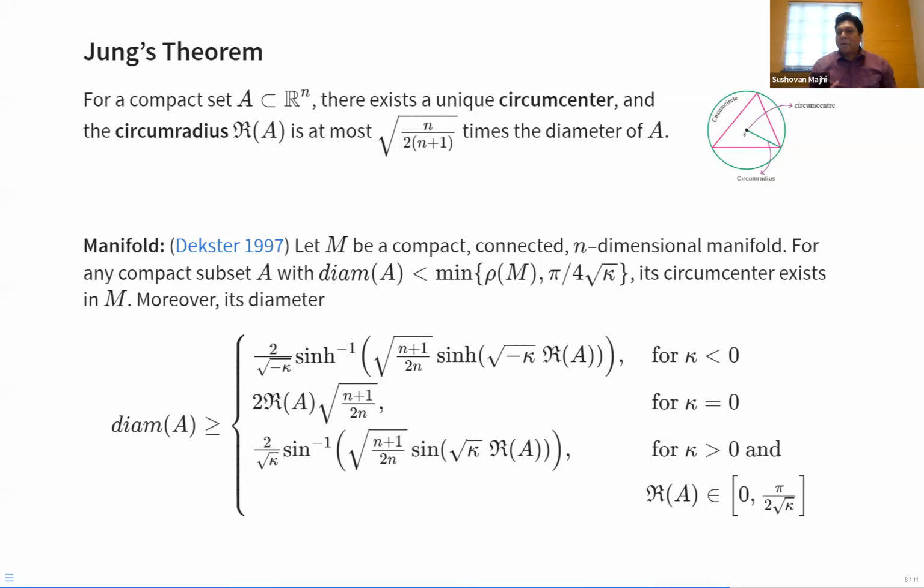But this theorem can also be extended to sets on manifolds. As it turns out, there's a result from Dekster, 1997. Dekster first extended Jung's results to constant curvature spaces, negatively curved hyperbolic spaces, and also positively curved spaces like the sphere.